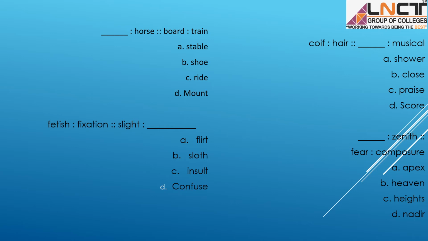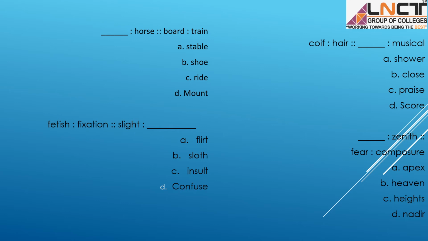If you settle a score, it means that somebody has done you wrong and you decide to get even, and you do something that settles the score. Score also means 20. In the past, the word score was used to represent the number 20, and it is often said, scores of people came to the party.